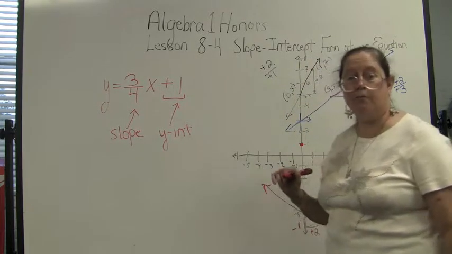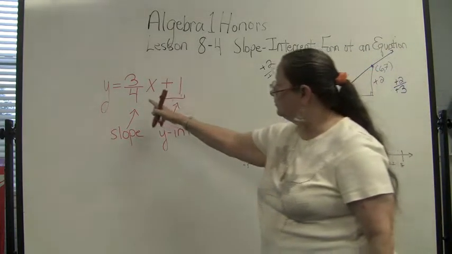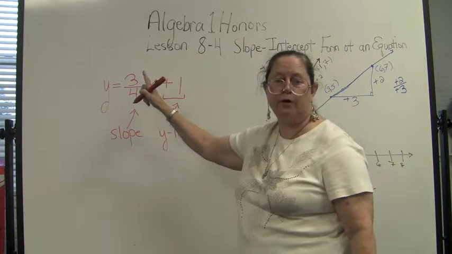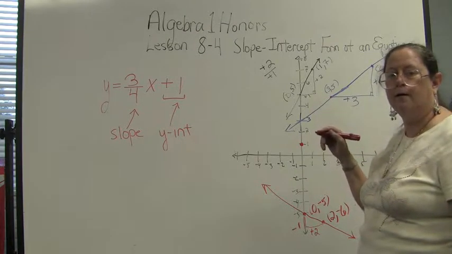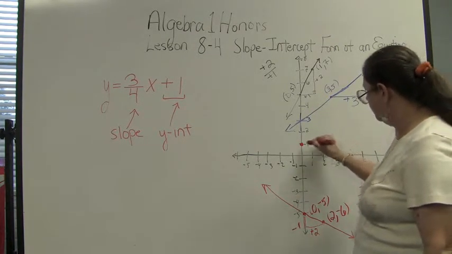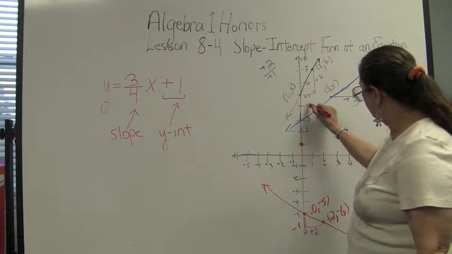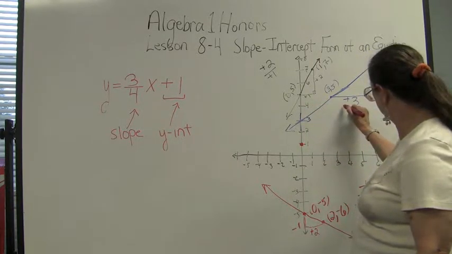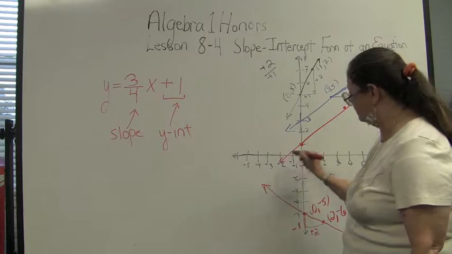Now to find another point on that line so I can connect them and draw it, I go to my slope and say, okay, I got to go up 3 and over 4. Remember, the top number is up and down, the bottom number is left and right. Put my pen there and I go up 3. 1, 2, 3, and then over 4. Bingo, right there. Connect my 2 points, and that's my line.